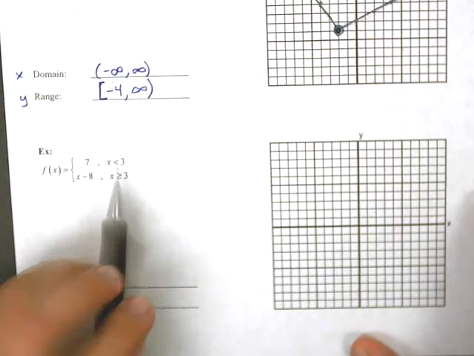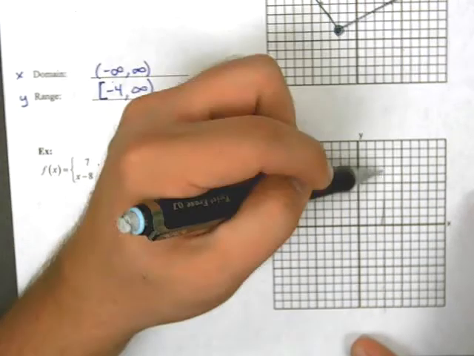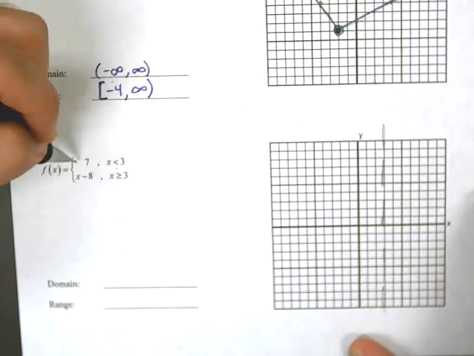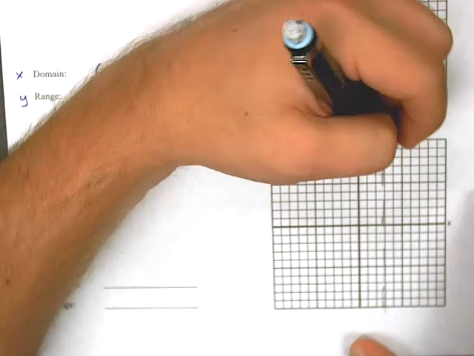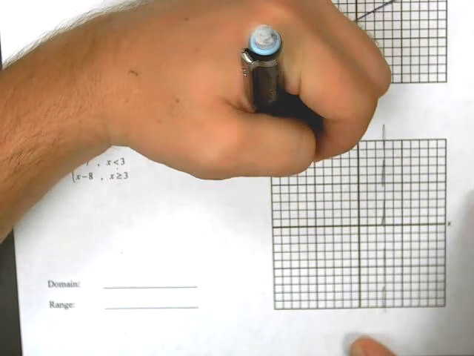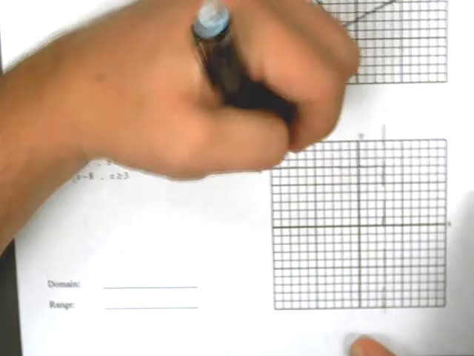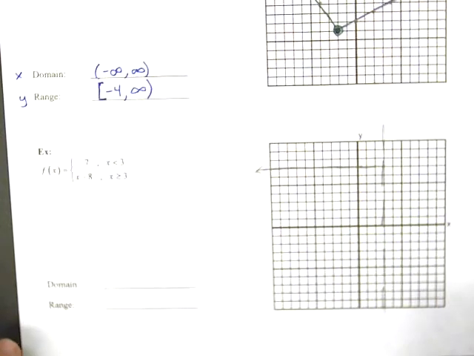So if my boundary is at 3, right here, well then I know that right here at 3, 7 is going to be my point, and then I would have my line kind of like that. Okay? Now let's think about this for a second.